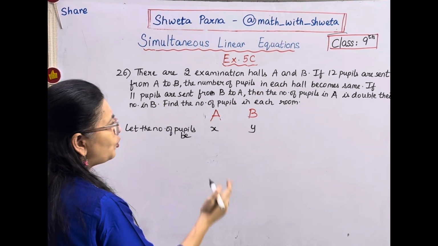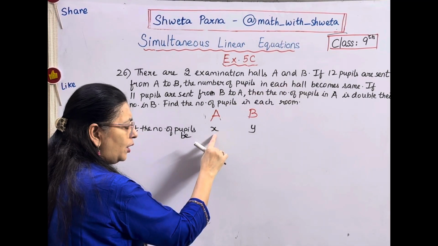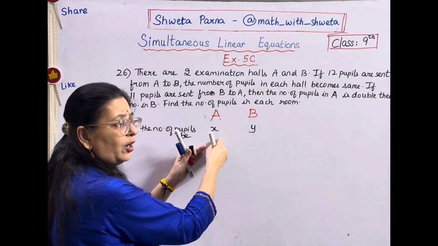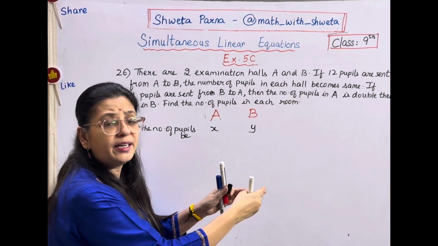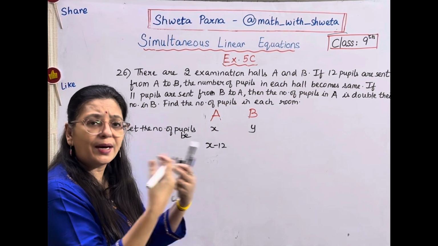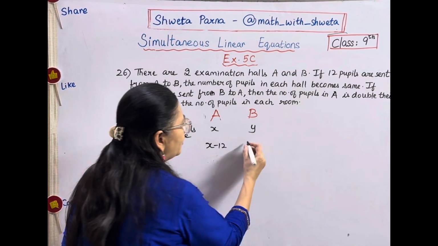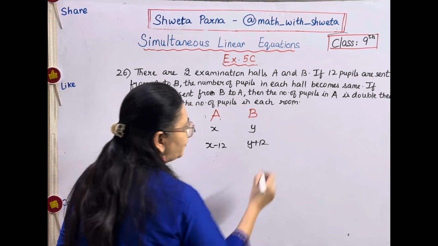Now, if 12 pupils are sent from A to B, from this hall we are sending 12 children, so this will become X minus 12 because 12 students have gone. Over here 12 students are being added, so this will become Y plus 12.